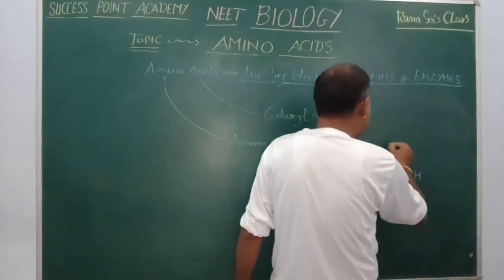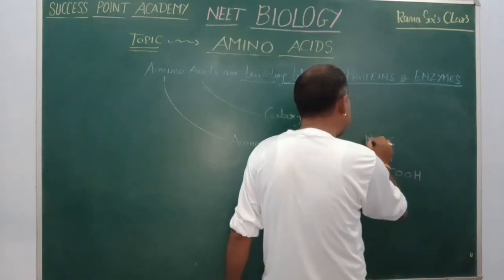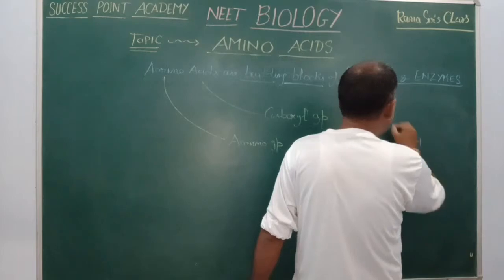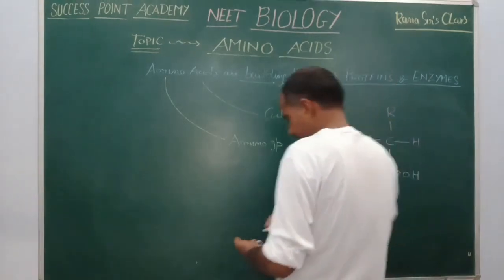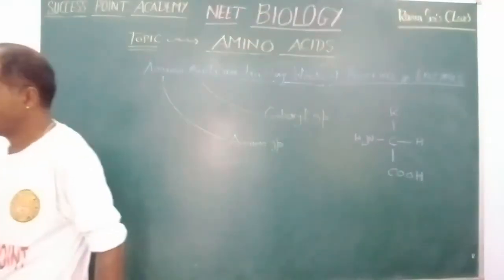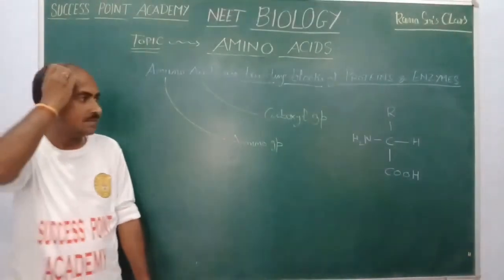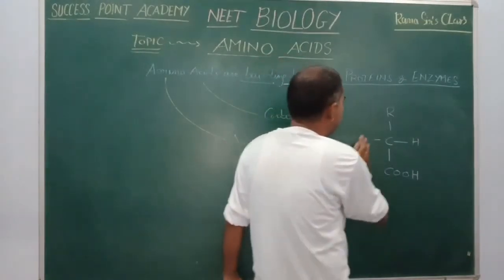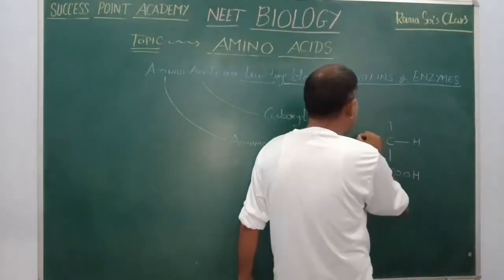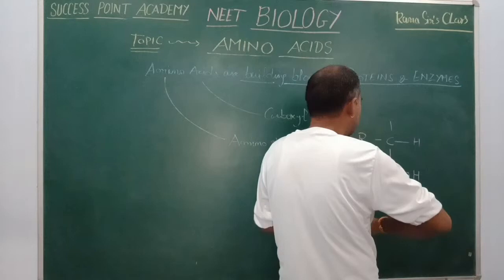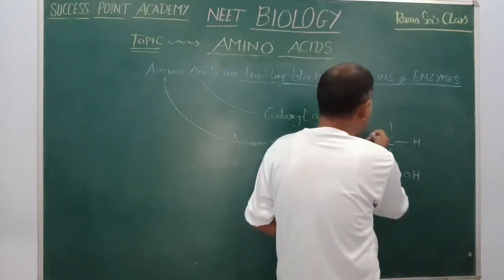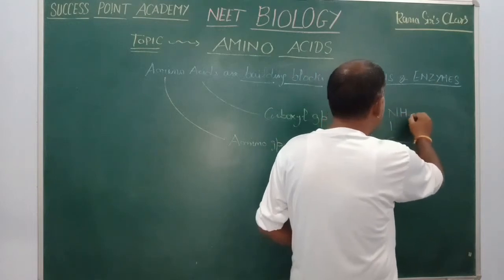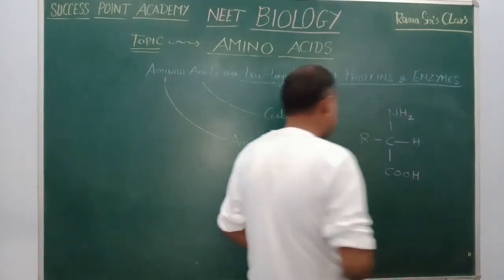This is what we have. Or you can also say, if we put NH2 here, then R will be here. To remember easily, you should put them on opposite sides.